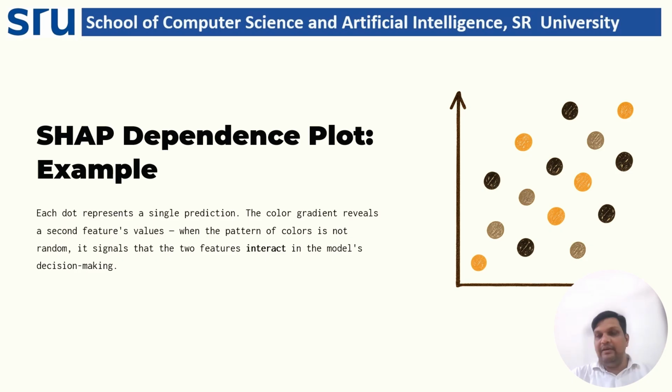In other words, each dot represents a prediction, and if colors form patterns, it means features are interacting, giving us deeper insight into the model's logic.